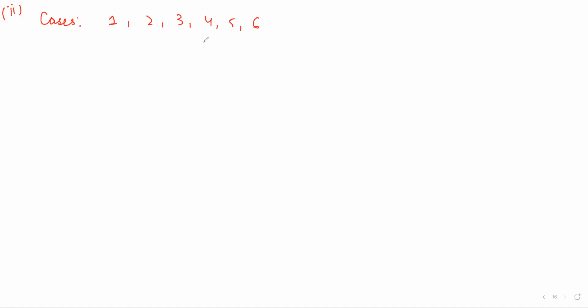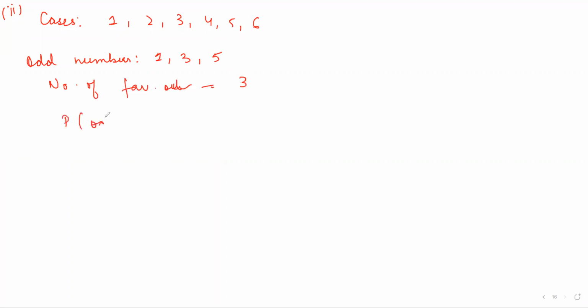Now there are two possible outcomes, an odd and an even number. Therefore, the probability of getting an odd number is half. So for an odd number, how many cases are there? Among these, the odd numbers are 1, 3, and 5. So the number of favorable outcomes is equal to 3, right?